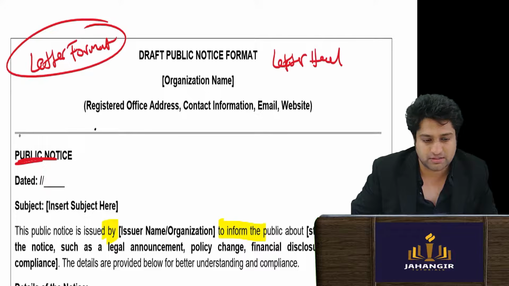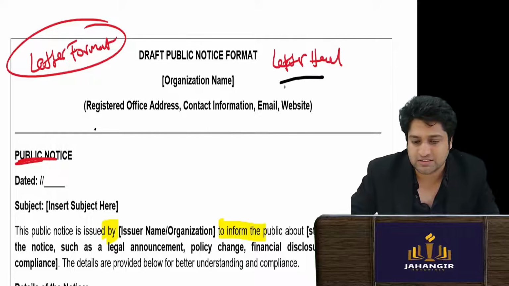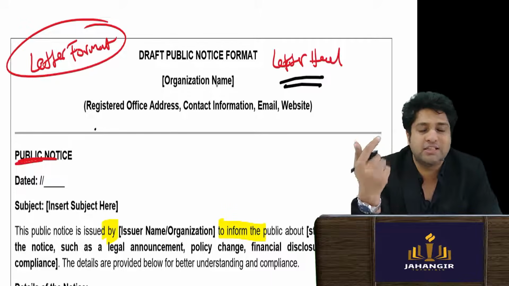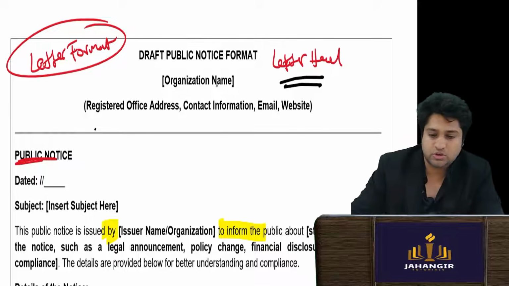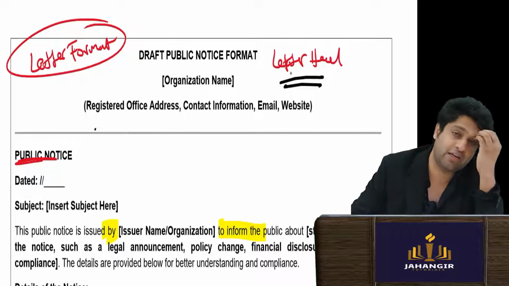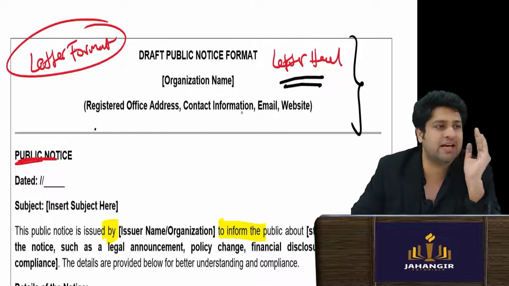You write this. What is this, sir? Can anyone tell me what this is? It is called a letterhead. So the name of the organization, their registered number, their CIN number, email and website. If you're not mentioning this, you're starting on a very bad footing, right? This needs to be beautifully presented, and this is exactly how you will present it.